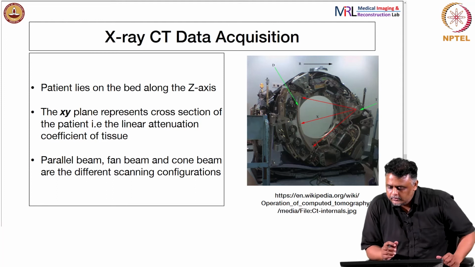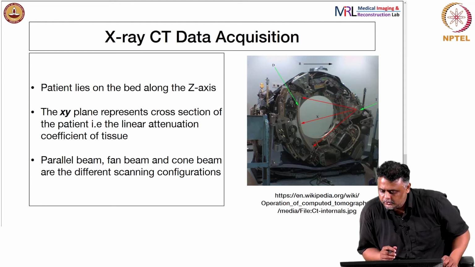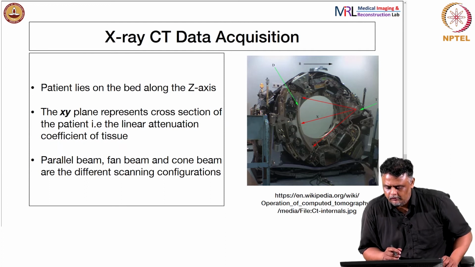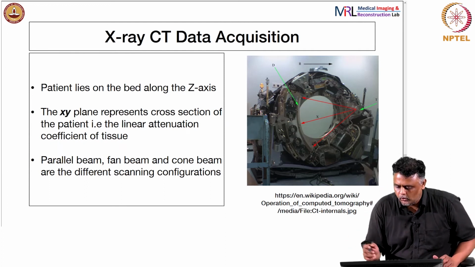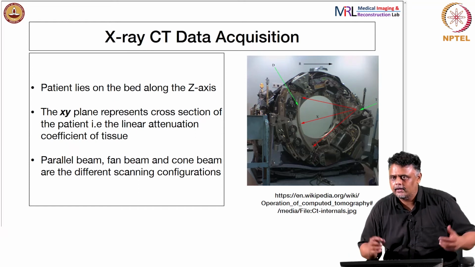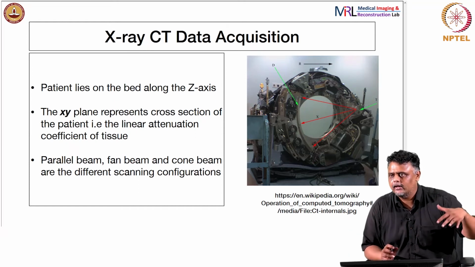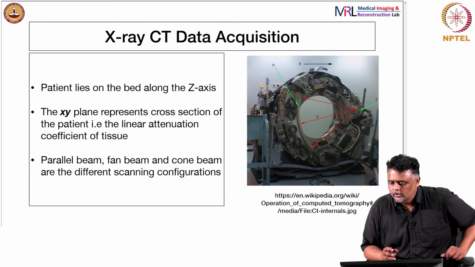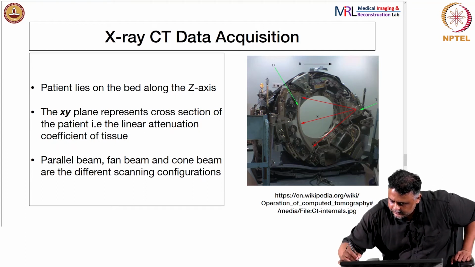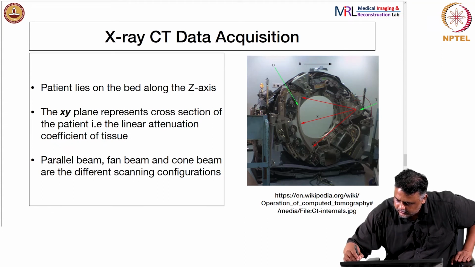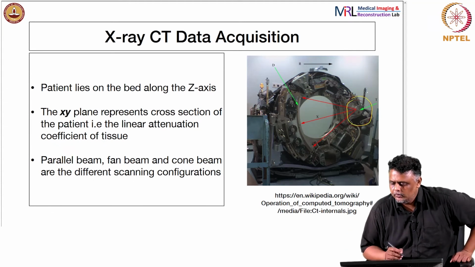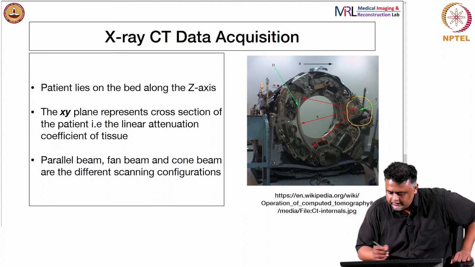There are some pictures I wanted to show you. I hope the contrast is good. This is a cross section of an X-ray CT machine that has been opened up. This whole donut like hole you see is where the patient bed goes in, the patient lying on the bed and the bed goes in through there. This piece is your X-ray tube, it is slightly bigger than that, and this is the detector array.